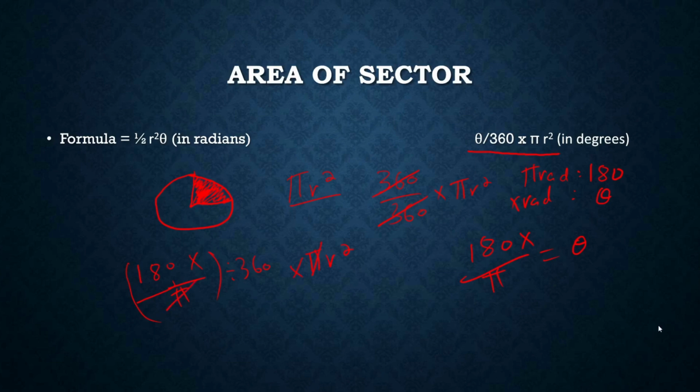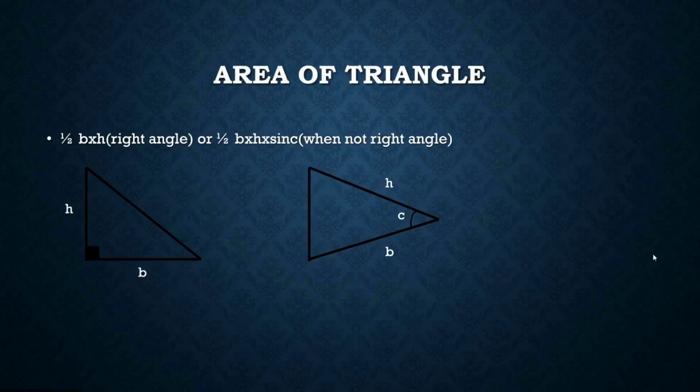Pi can be cut, and this becomes 1 over 2 into r square x. X is the theta, so 1 over 2 r square theta. This is where it comes from, and this is going to be very useful in this topic.